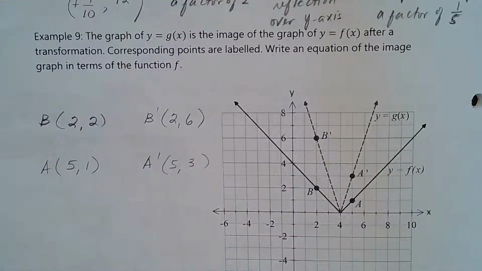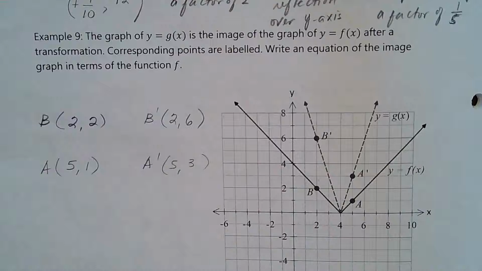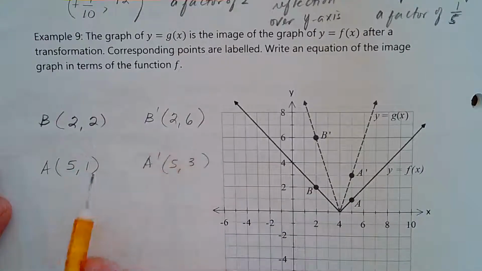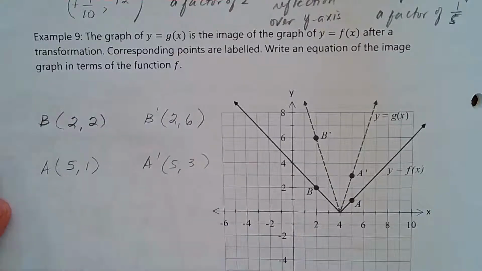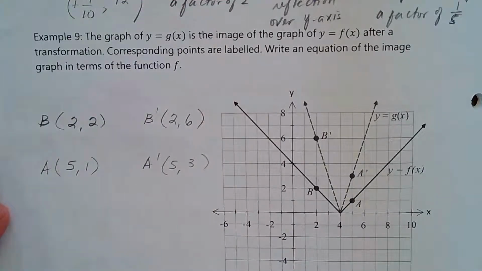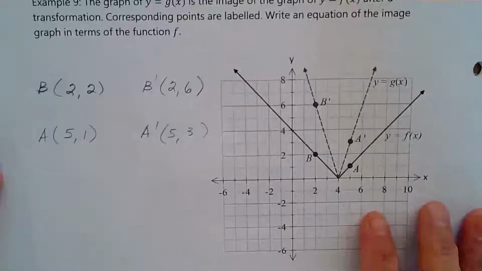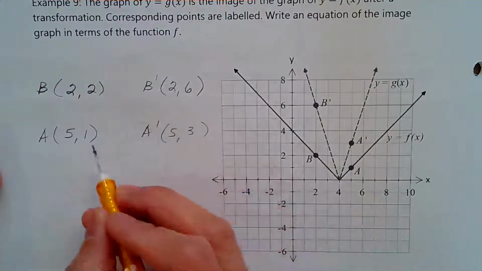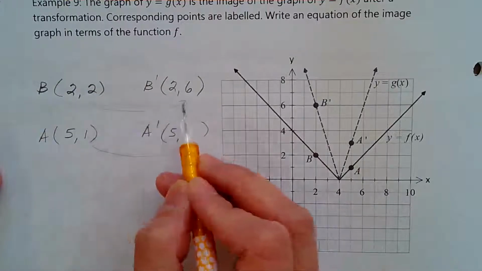Good. Finally, I made her talk. So what did change? The y. It used to be 2, now it's 6. Used to be 1, now it's 3. So that means it got multiplied by 3.